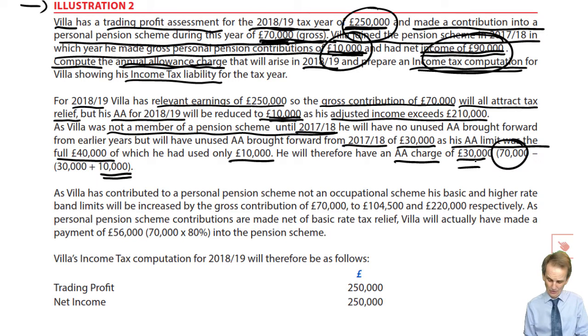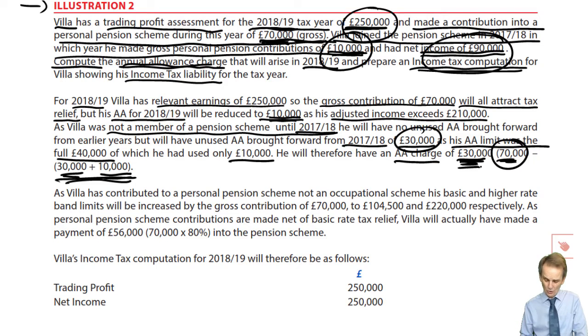And as we've just worked out, we've got £30,000 brought forward from 17-18. So we've got £40,000 in total. So 70,000 minus 40,000 equals a 30,000 AA charge.